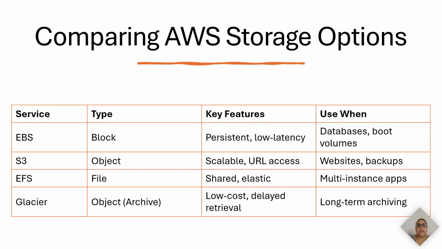To compare AWS storage options, EBS is block level, providing persistent low latency storage attached to a single EC2 instance in one availability zone, ideal for databases or boot volumes requiring frequent updates. S3 is object level with scalable, URL-based access from anywhere, suited for websites, backups, and content distribution with 11 nines durability.